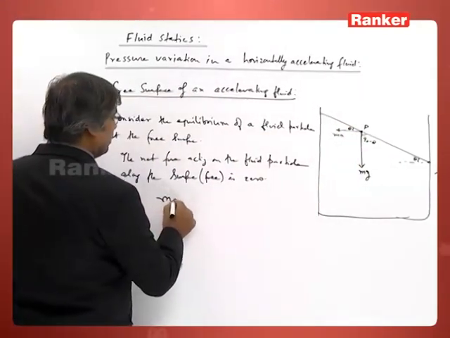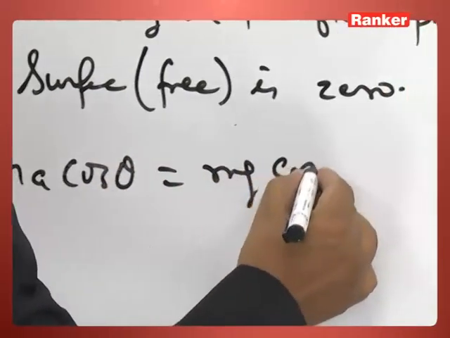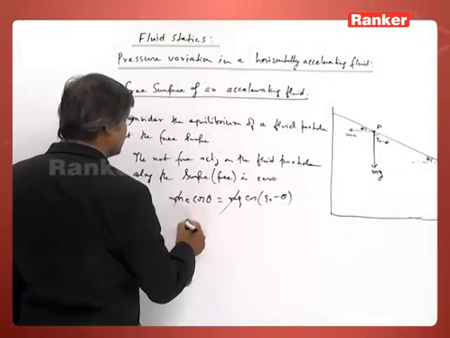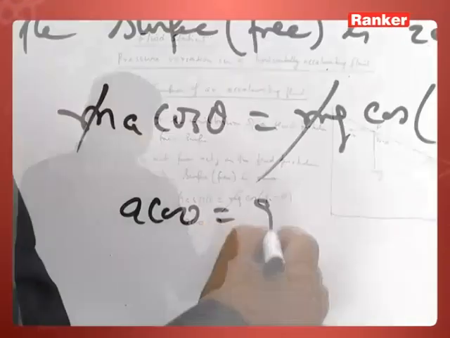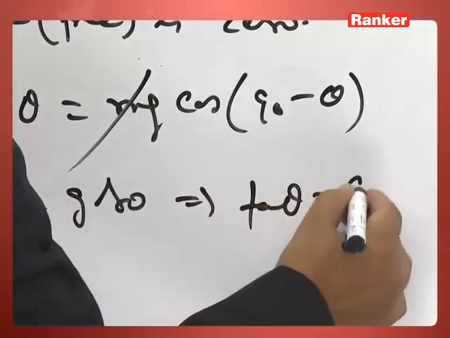That is ma cos theta must be equal to mg cos of 90 minus theta. So, cancel, a cos theta is g sin theta, which implies tan theta is equal to a by g.